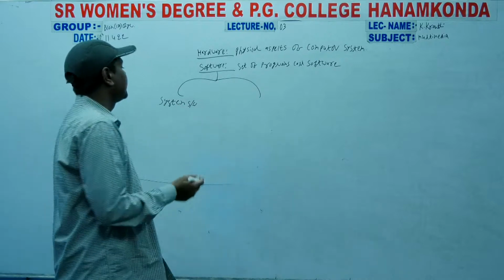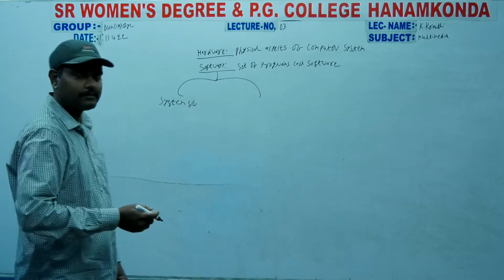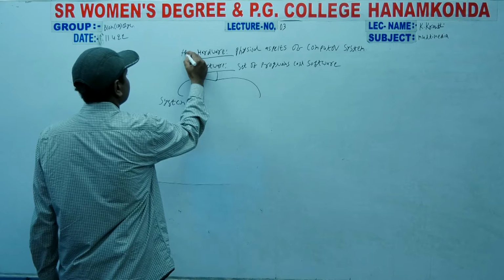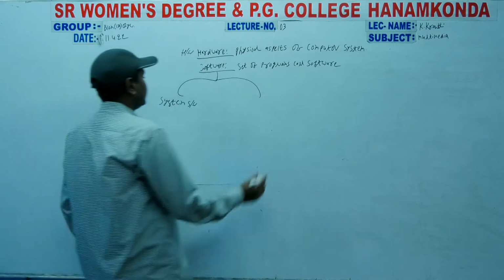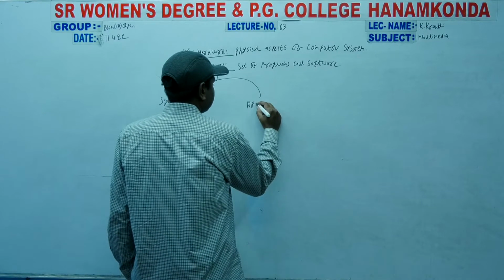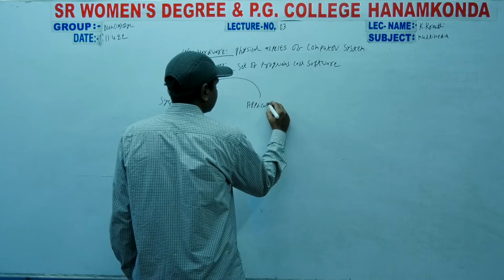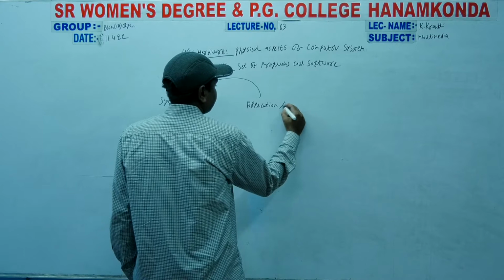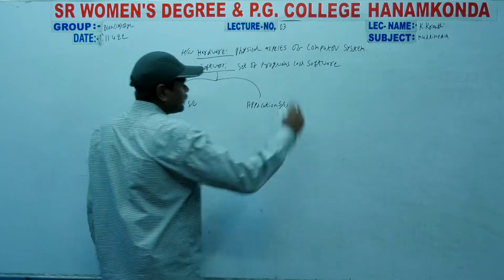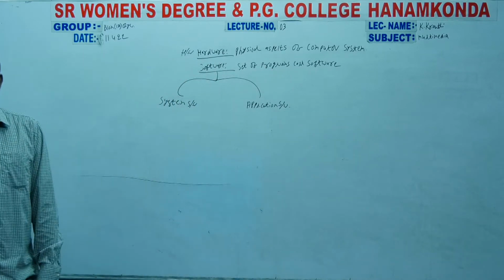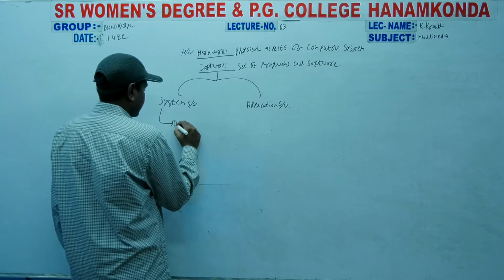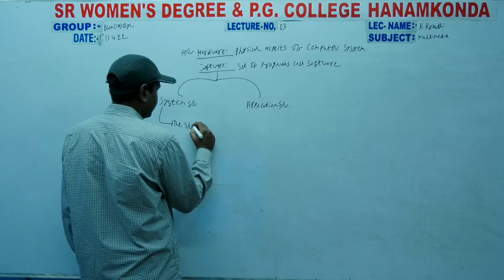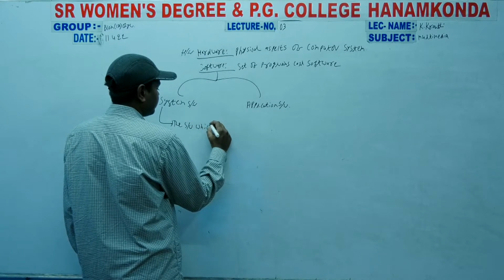As a shortcut, we can write S/W for software and H/W for hardware. Here comes the application software. So what is the system software?